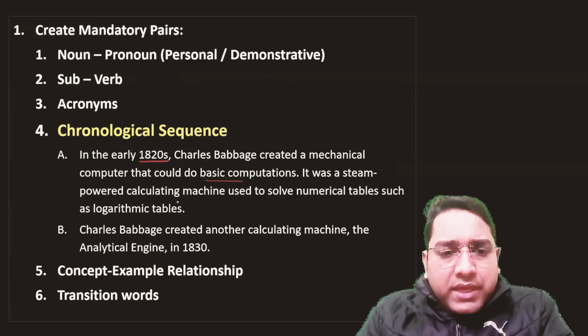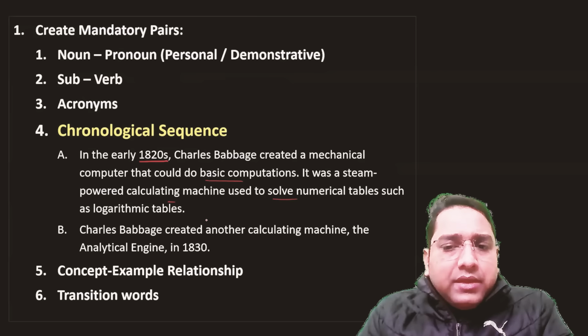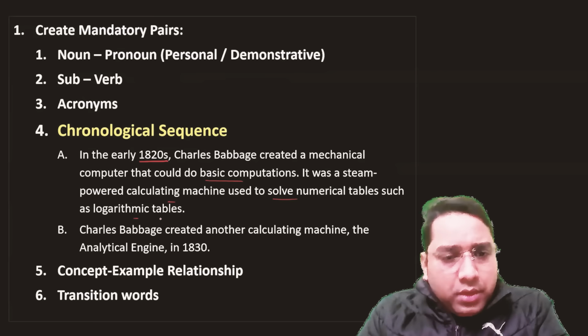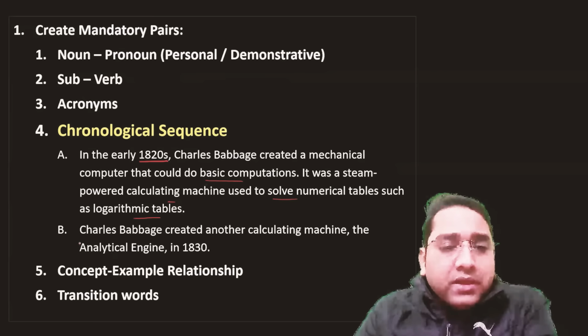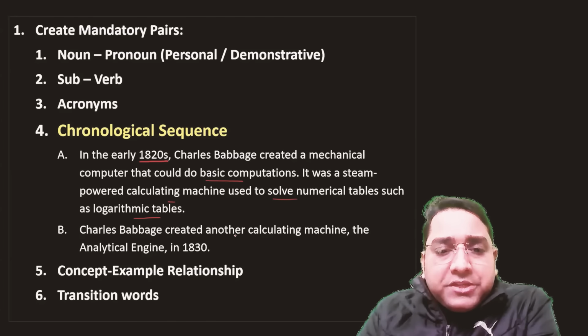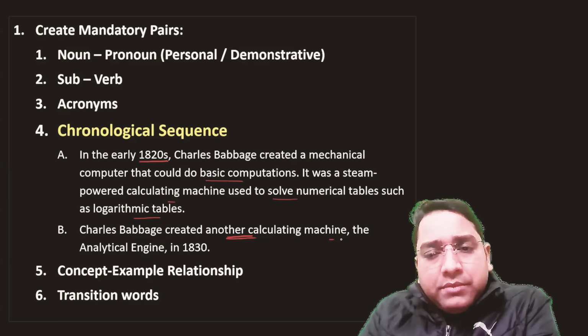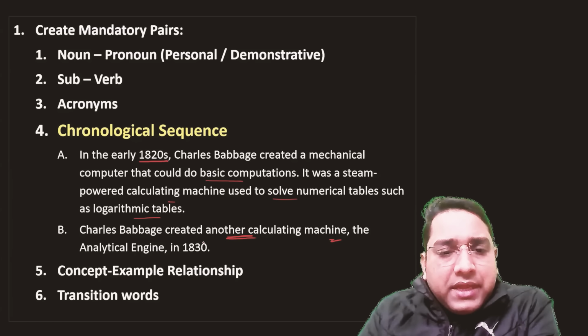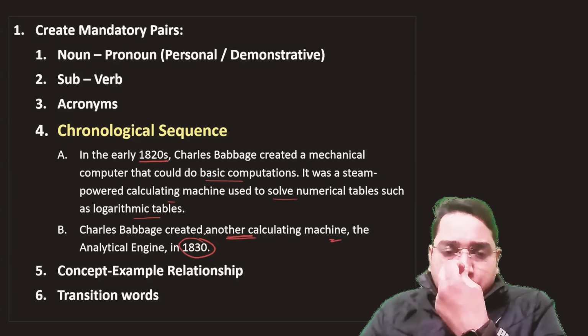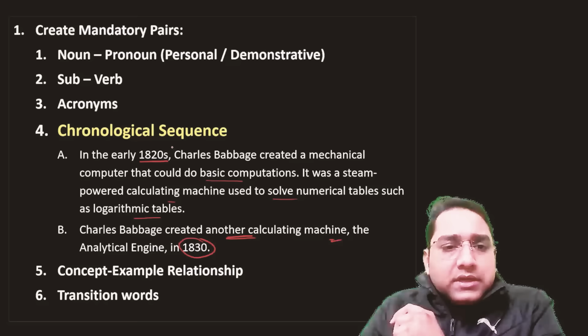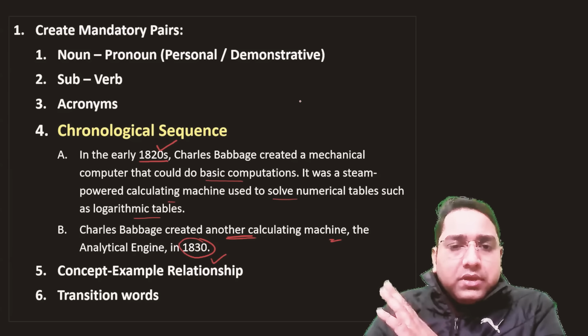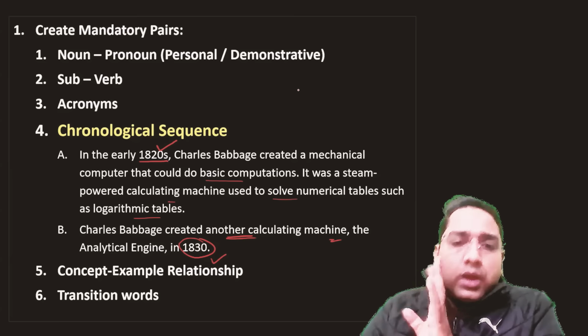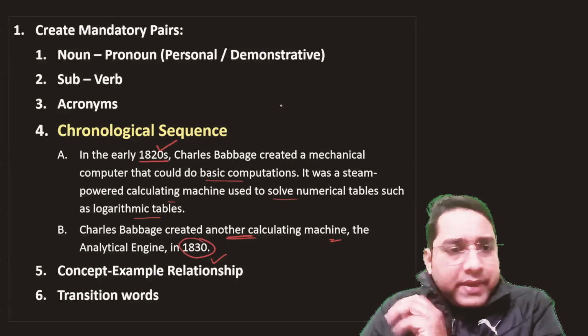It was a steam-powered calculating machine used to solve numerical tables such as logarithmic tables. Then here it is given, Charles Babbage created another calculating machine, the analytical engine, in the 1830s. So it's quite obvious that first the 1820s will be given and then the 30s will come. So this helps you a lot, right?